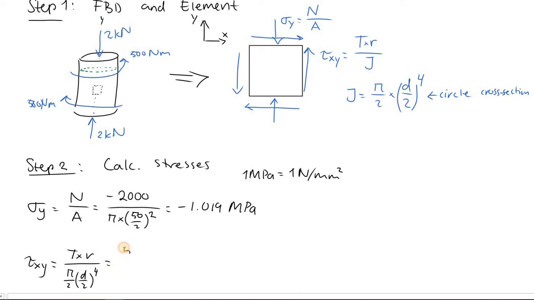So what I have is 500 times, in meters this time, 0.05 divided by 2 to get the radius, over pi on 2, 0.05 on 2 to the power of 4. And what we'll get is a shear stress of 20.37 megapascals.